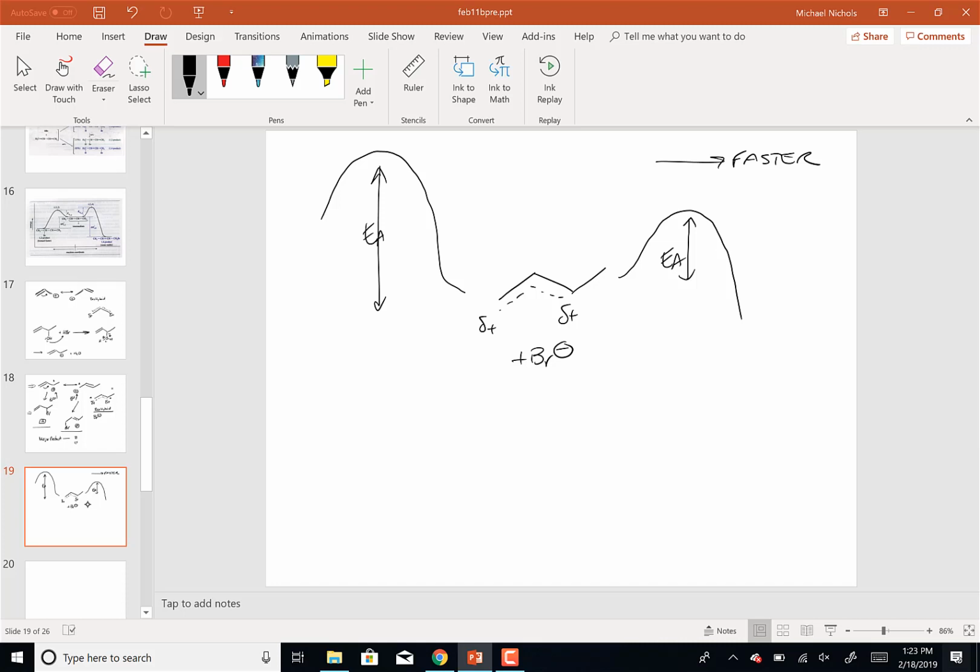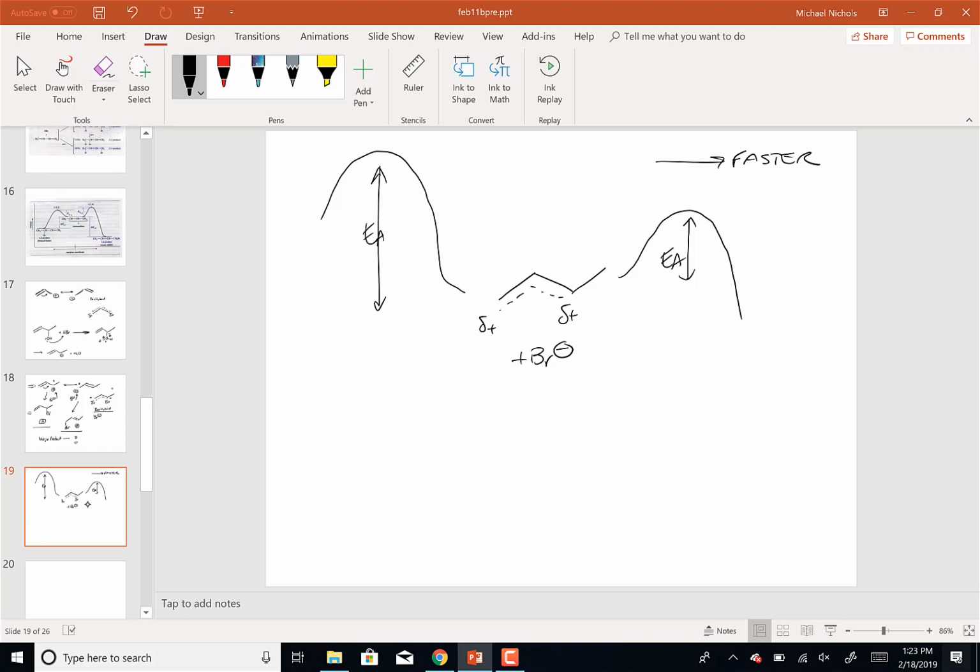Now what if I raise the temperature? Which way is it going to go faster? I'm not going to raise it to some ridiculously high temperature like 300 degrees, like the free radical halogenation.